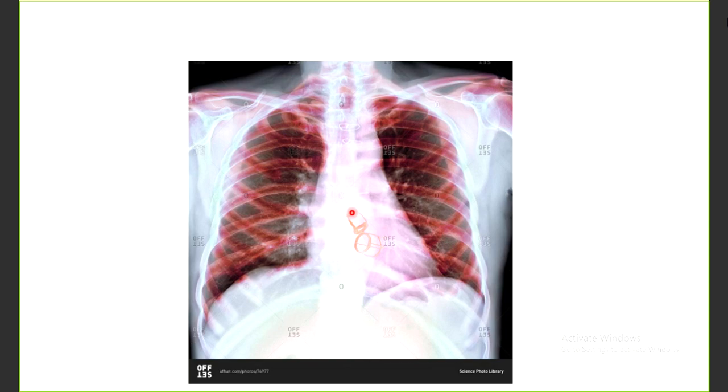Now, suppose you see the ball in cage valve. The ball is made of silastic material, so it is not always clearly seen unless you are seeing it in fluoroscopy. However, you can see the cage very clearly, and the direction of the cage will very clearly tell you the direction of blood flow. Let us say in this case, the blood flows from the left atrium, the ball moves forward and helps in the flow of blood from the left atrium to the left ventricle.